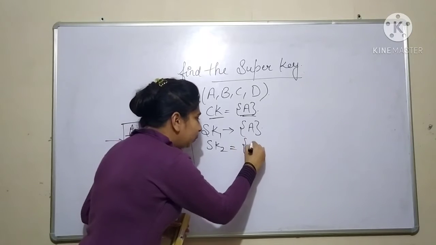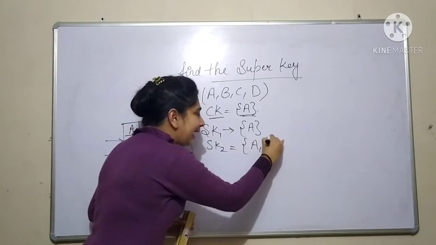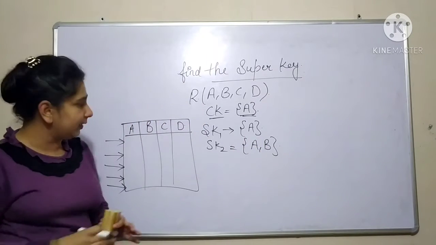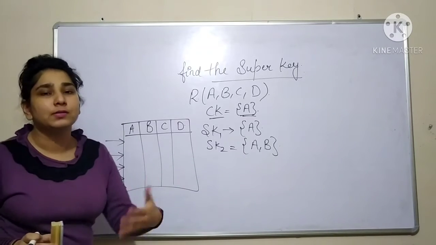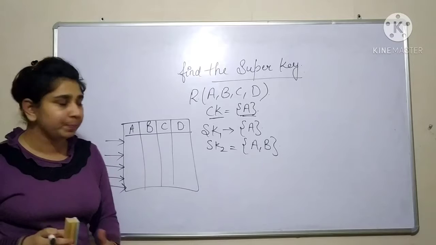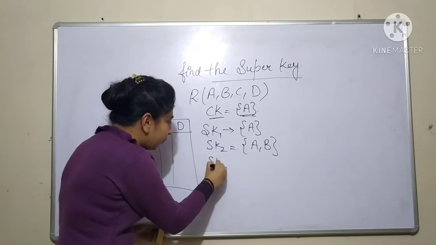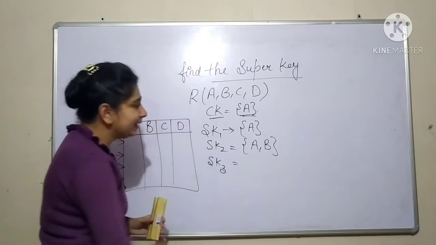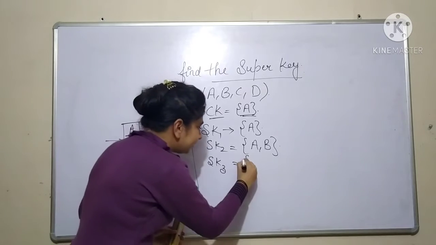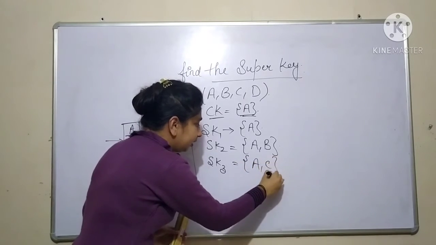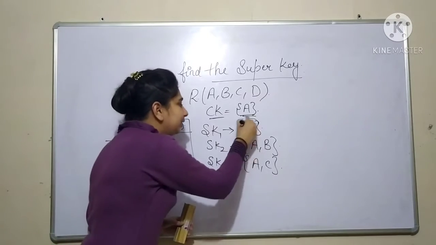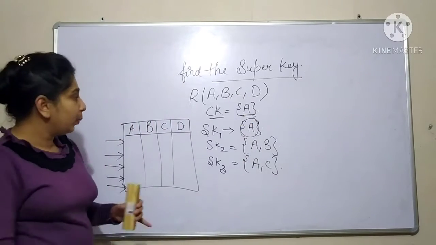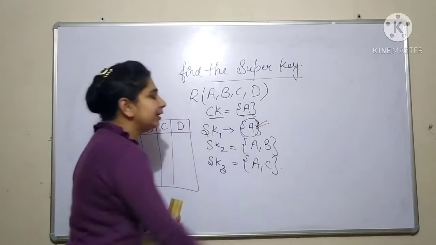To determine the second super key, we will be adding some extra attributes with it. We are just checking all the possibilities we can get. The third super key we will get is AC. You can add any number of extra attributes with your candidate key, your minimal key.